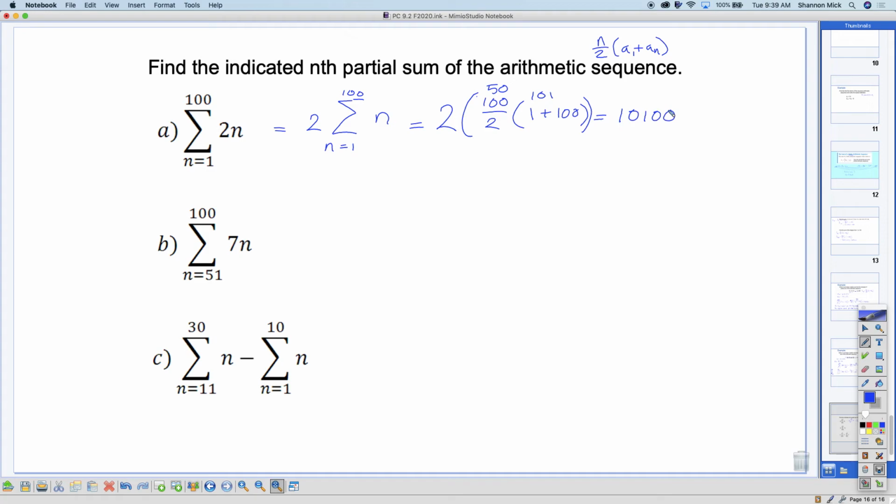Same problem, but I'm multiplying by 7 this time. So it's 7 times the sum from n equals 51 to 100 of n. Now 51 to 100 is 49 plus 1, which is 50.